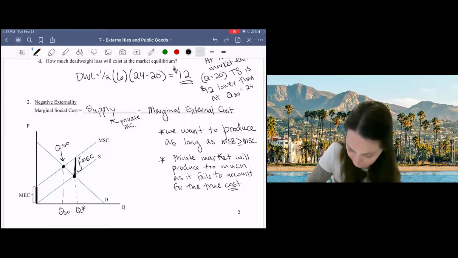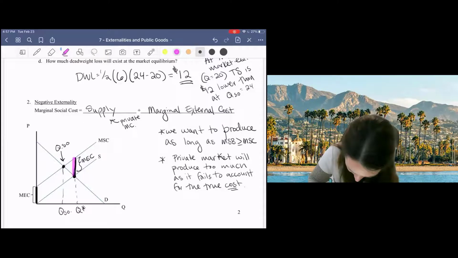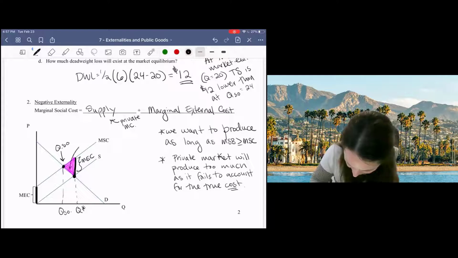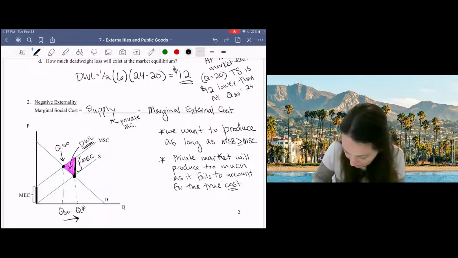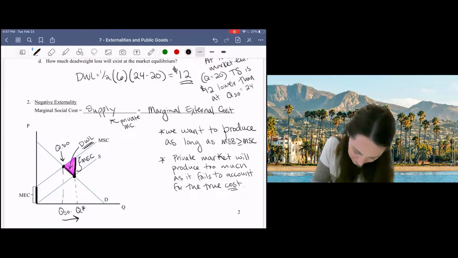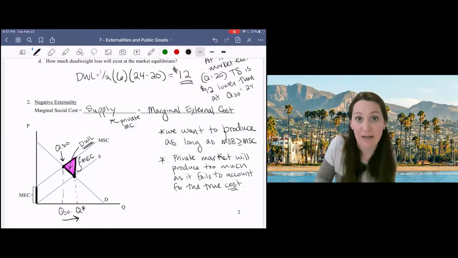This area represents deadweight loss as we expand production from the socially optimal quantity, which yields a higher cost than the benefit.